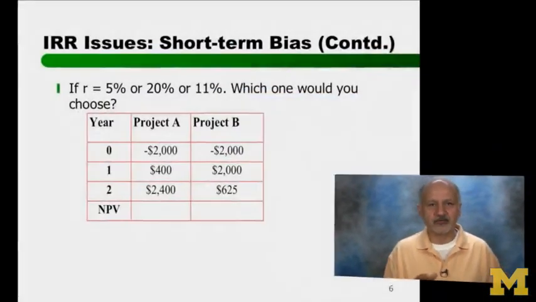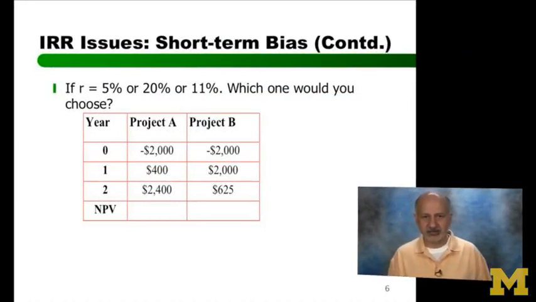Let me just show you now what I mean by the bias. So in order to do that, we have to do a couple of things. So let me ask you to do NPV calculations based on 5%, 20%, or 11%. Why am I giving you 3 numbers?